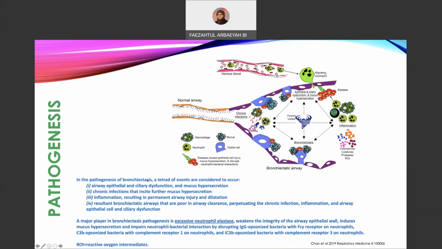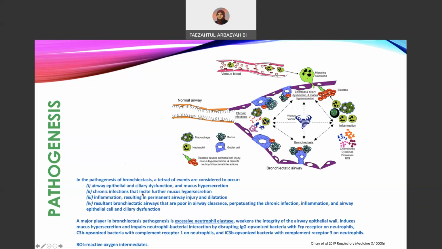What happens is that when the patient has an underlying condition such as cystic fibrosis, the airway epithelium and the cilia are not functioning properly, and there is also mucus hypersecretion. So you can see here is mucus. The goblet cells are producing a lot of mucus. That is one thing that can occur.